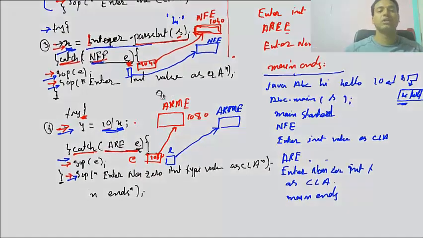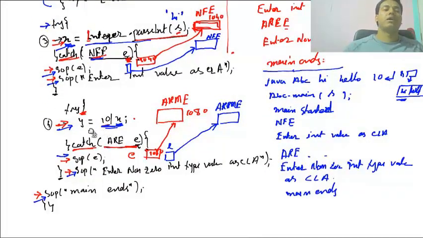Right, so the catch block is executed. Now again in the fourth statement, this was not evaluated successfully because the x value is 0 and 10 divided by 0 is not possible, so again with the exception, the corresponding catch block is executed, and finally main ends executed successfully.